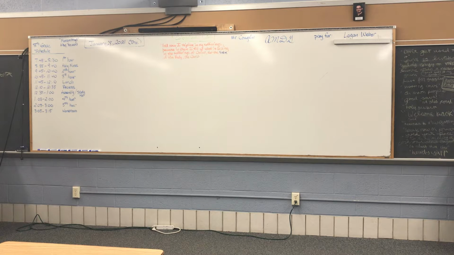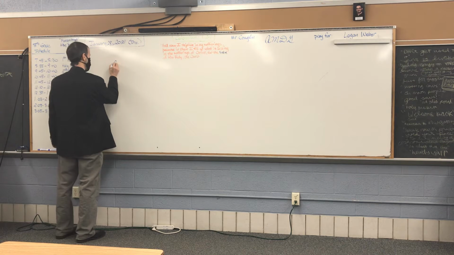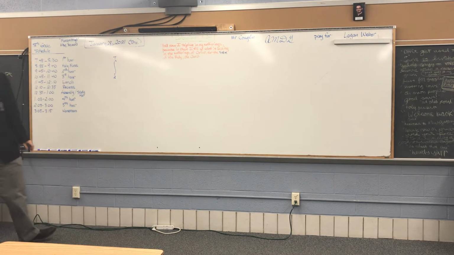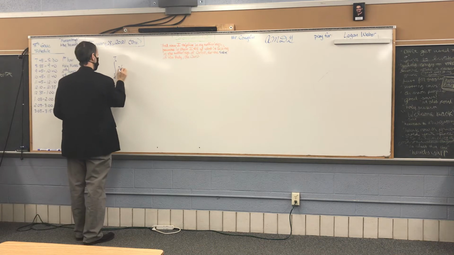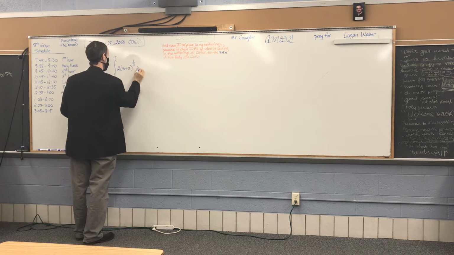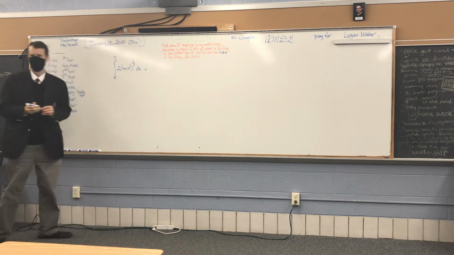Any repeats? Alright, questions? I can predict one of them. Number 5, yeah. So the integral from 2 to 7 of 2 times (x plus 3) to the 1/3 dx. What would you do on this one?